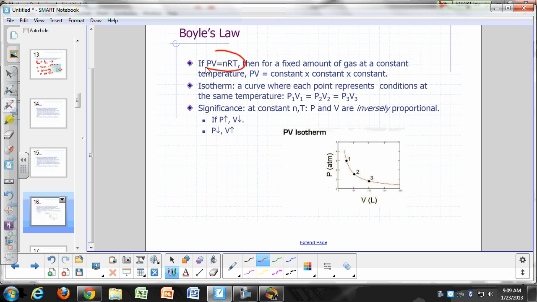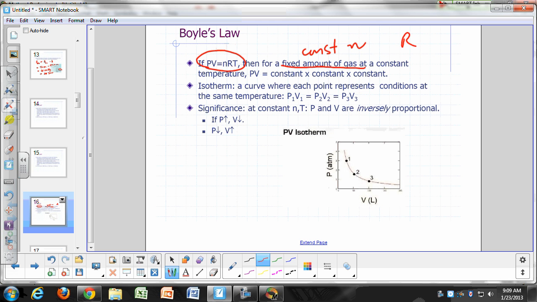If PV equals nRT, we said that's the ideal gas law, that's the equation that describes the behavior of gases at low pressure. Then if you have a fixed amount of gas, what do you have? N is constant, right? Fixed amount of gas, you're dealing with a constant number of moles. R is a constant.